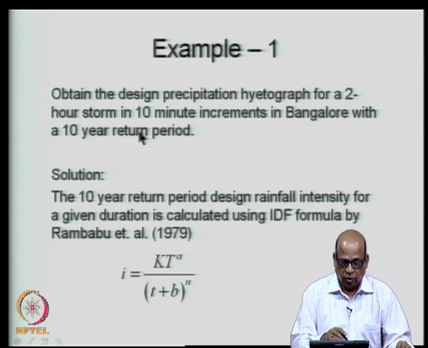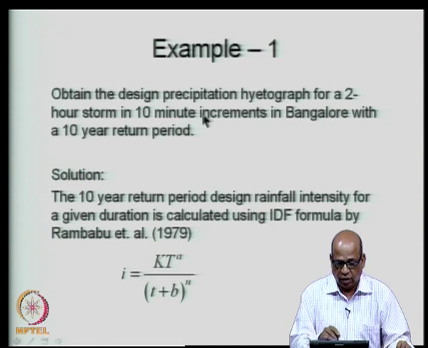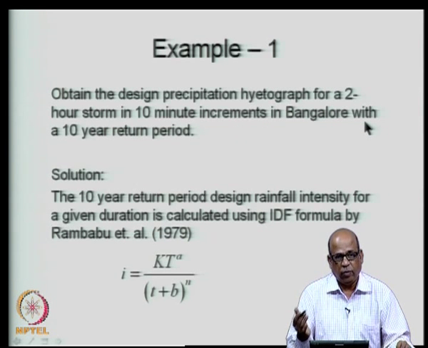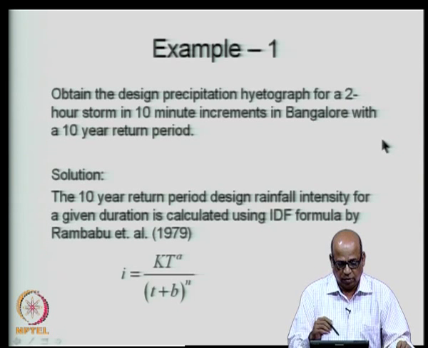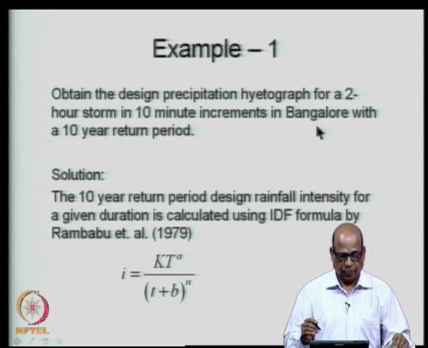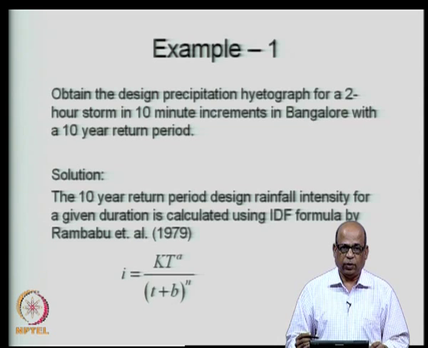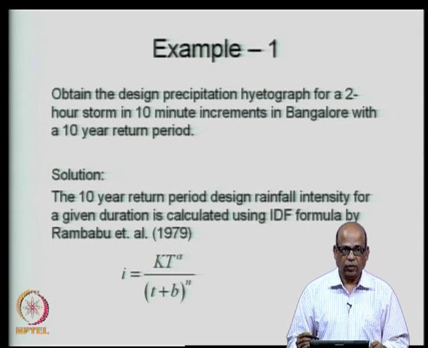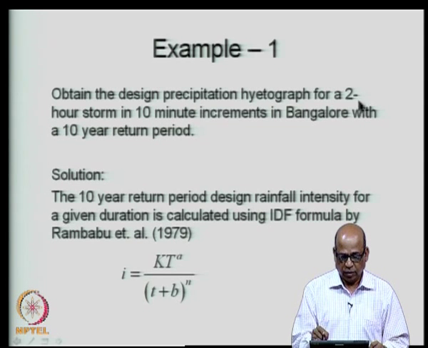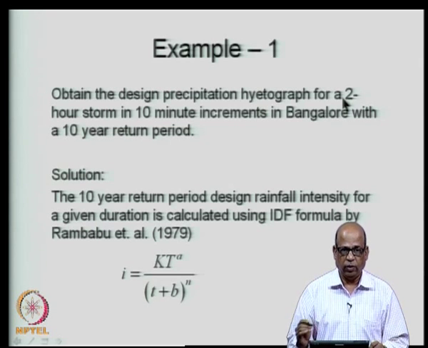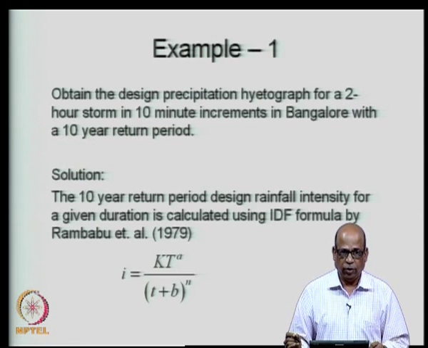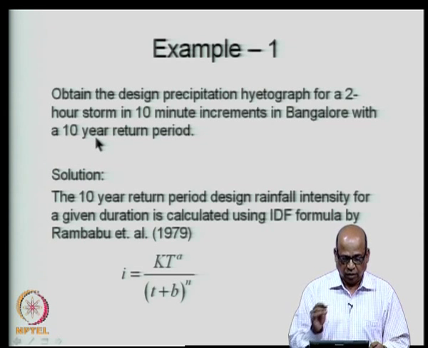Let us look at a 2-hour storm in 10-minute increments for Bangalore city rainfall, which I have discussed earlier, and we will again use the same rainfall data with a 10-year return period. So, you have 10-minute intervals, and it is a 2-hour storm. So, 120 minutes is the total duration of the storm, and we have a 10-year return period.